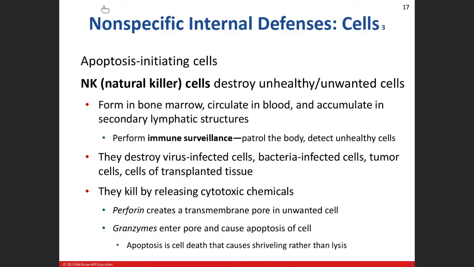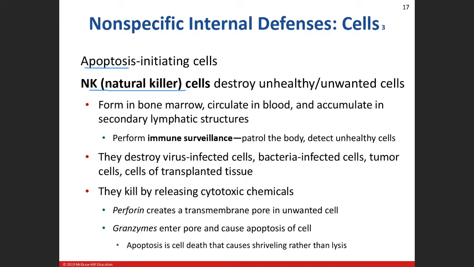How about the cells whose job it is just to kill things? It's a perfect name for this cell, natural killer cell. That's what it does. It kills things. Apoptosis is cell death, kill, kill, kill. These natural killer cells are really cool.